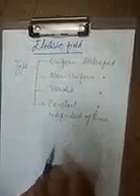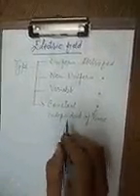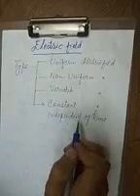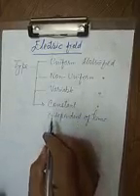Its magnitude is independent of time. Whatever its value exists at a particular instant, it always exists at all times. So it is a constant electric field.